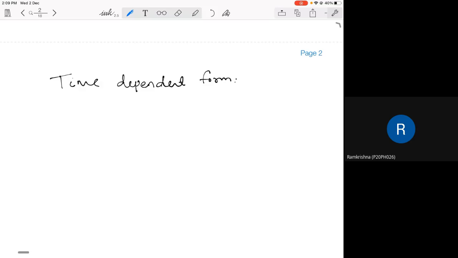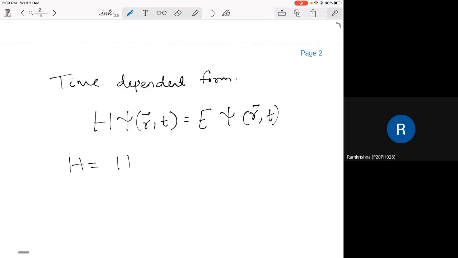H psi of r,t equals E psi of r,t. Okay, so this is in a three-dimensional form. I'm writing r as a position vector and t is time. And what is H? It is the Hamiltonian.